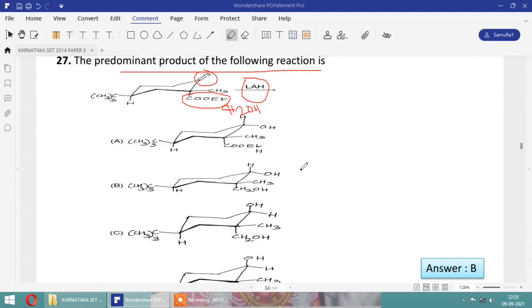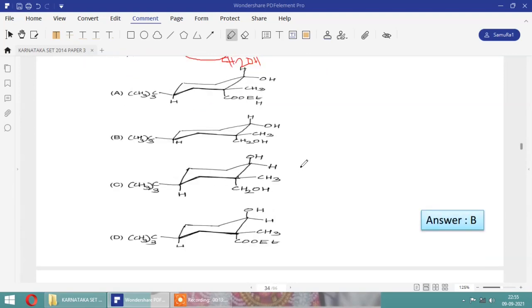So here you see option A was ruled out, option D was ruled out, and you see in option B and C, here the hydroxyl group was in equatorial position, here the hydroxyl group was in axial position. Now here option B was correct, because due to this bulky group of CH2OH, the OH prefers equatorial position. This is equatorial position. So answer B is correct.